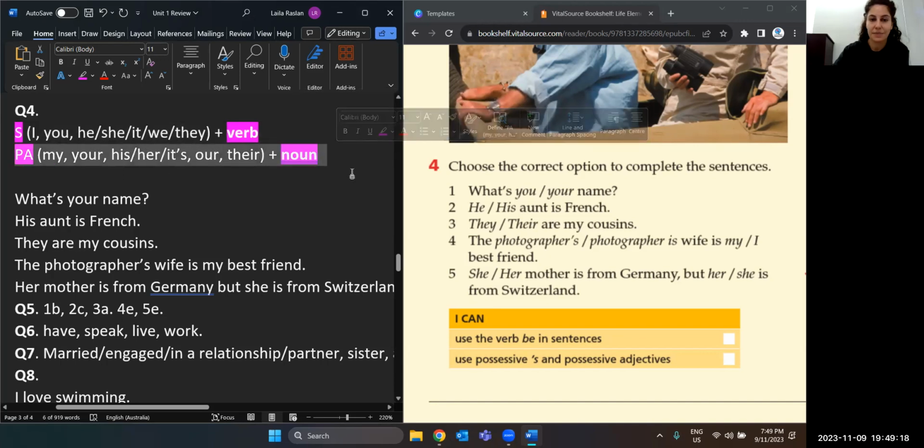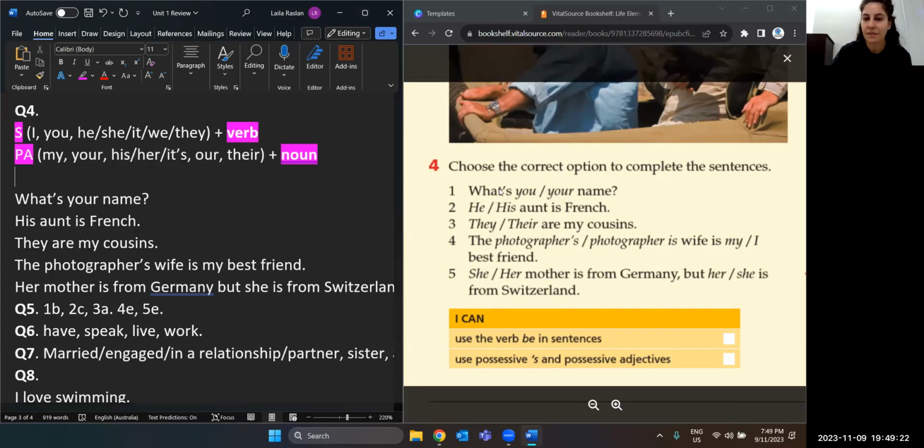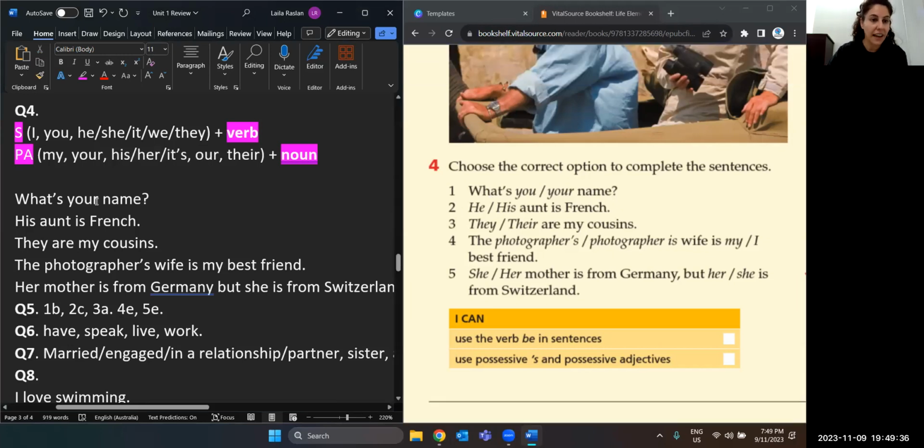So if we look at this one, "you" is a subject and "your" is a possessive adjective. So we need to look at the next word. Is it an action or is it a noun? A name is a noun. So, what's your name? That's how we know that it must be a possessive adjective. Your, not you.